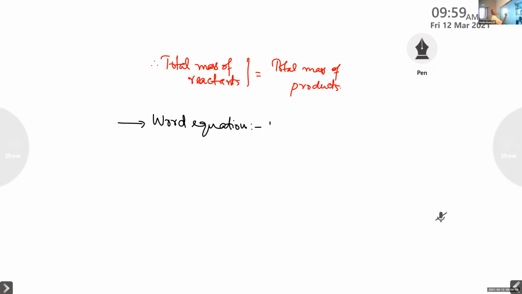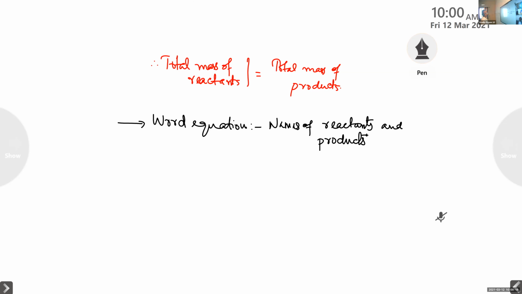So you write: word equation. What is a word equation? In the word equation, we write the names of the reactants and products. That is the word equation.